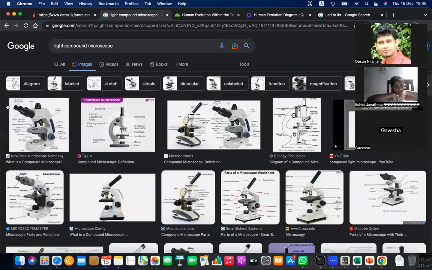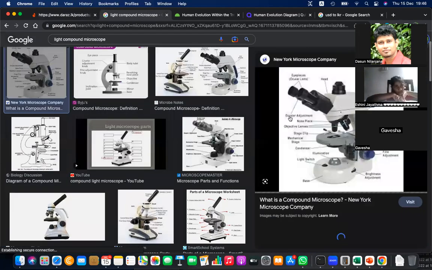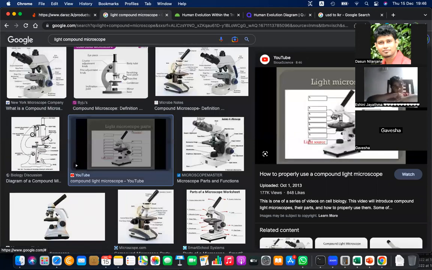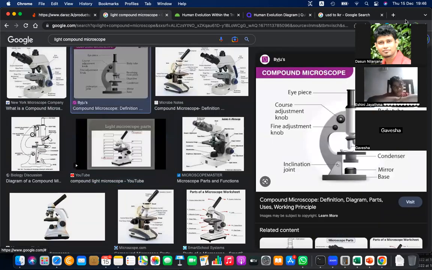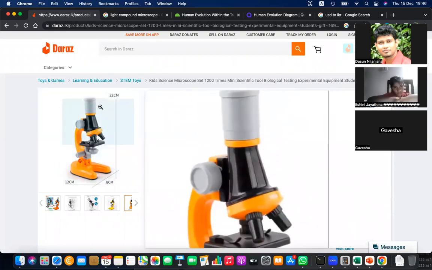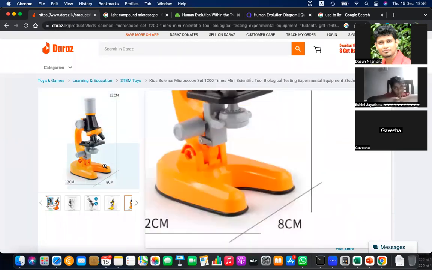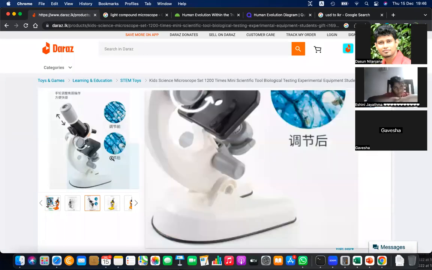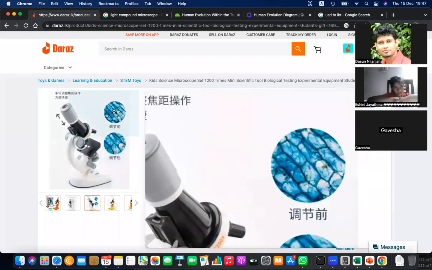This will let you watch with both eyes. But here it is only one eye, and the compound one will be really expensive if you're buying it. But this one is a very good alternative. This is plastic, but still it will work. That is the best thing. It is like a toy, but you can still watch microorganisms. Right here, these are cells.